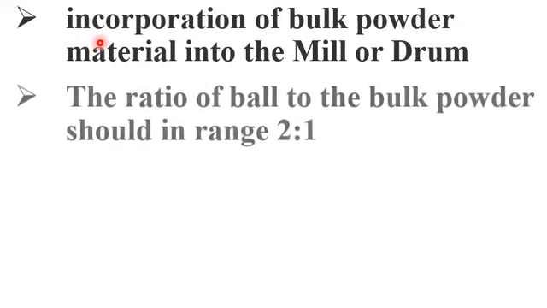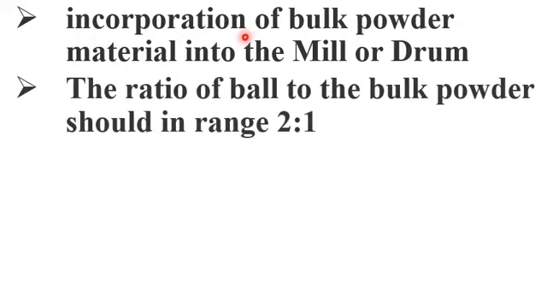Now when the bulk material is incorporated inside the ball milling drum, please note that the ratio of the balls to the bulk material is very important, especially in the case of preparing a nano material. As I previously discussed, the ratio may vary from 2 to 1 up to 20 to 1.